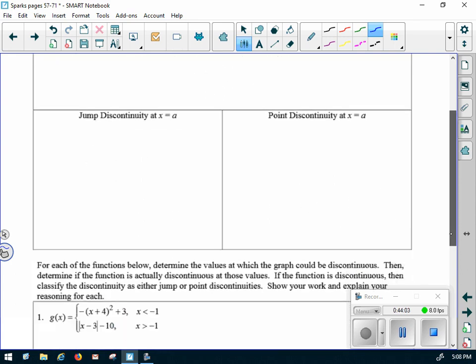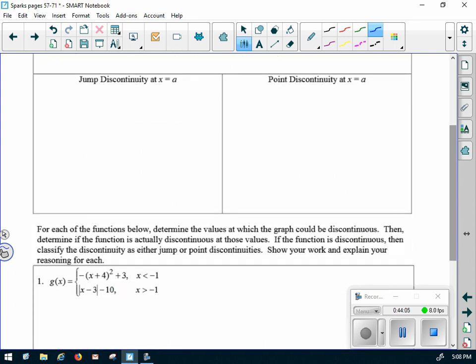Now, what does it mean to have a jump discontinuity at x equal a? The function may or may not be defined at x equal a.